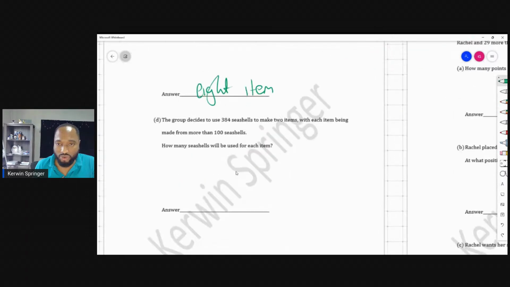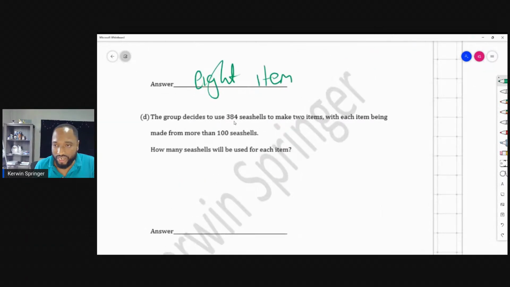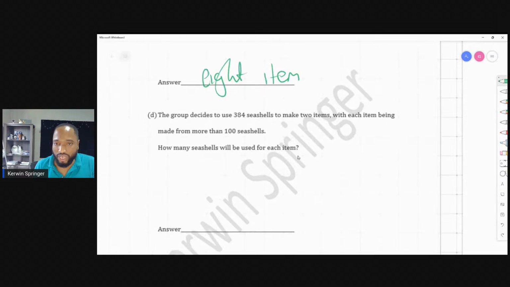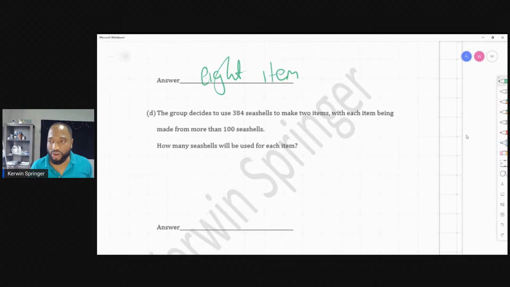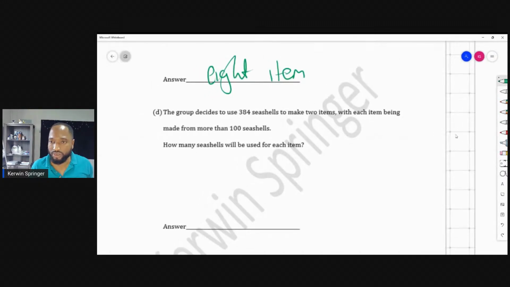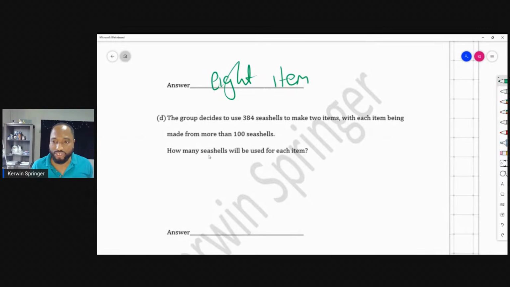The group decided to use 384 seashells to make 2 items. Each item is made from more than 100 seashells. How many seashells will they use for each item? Well, if you're using more than 100, it means that you're either using 128 or 256 or so on.